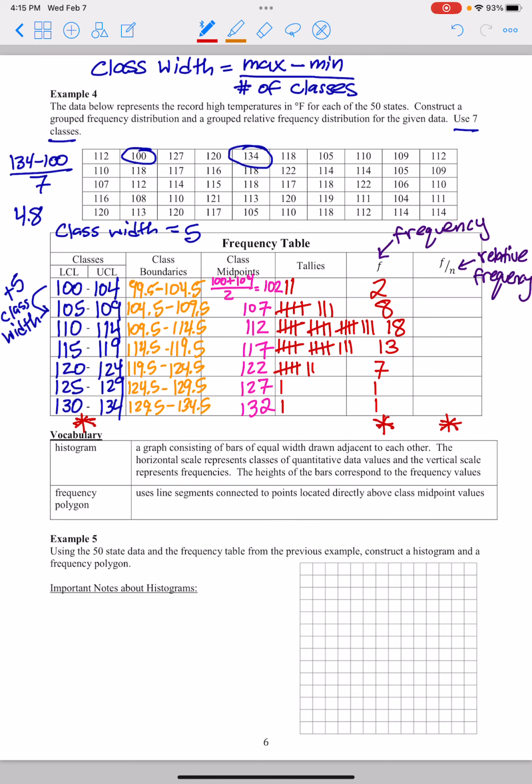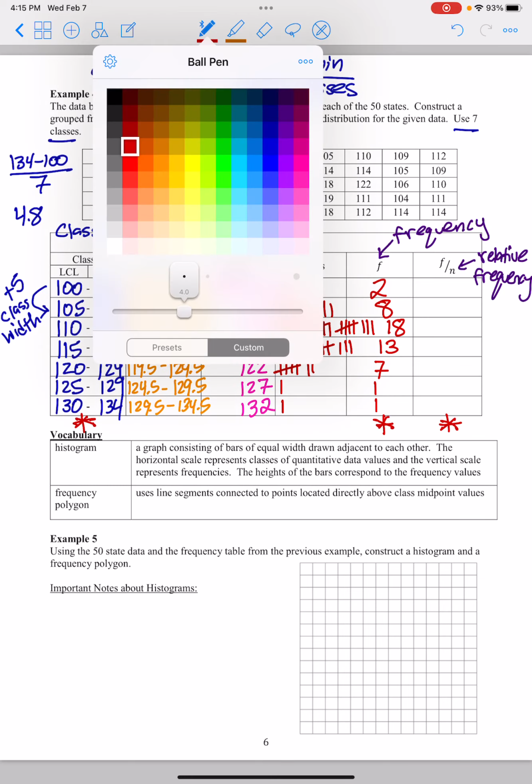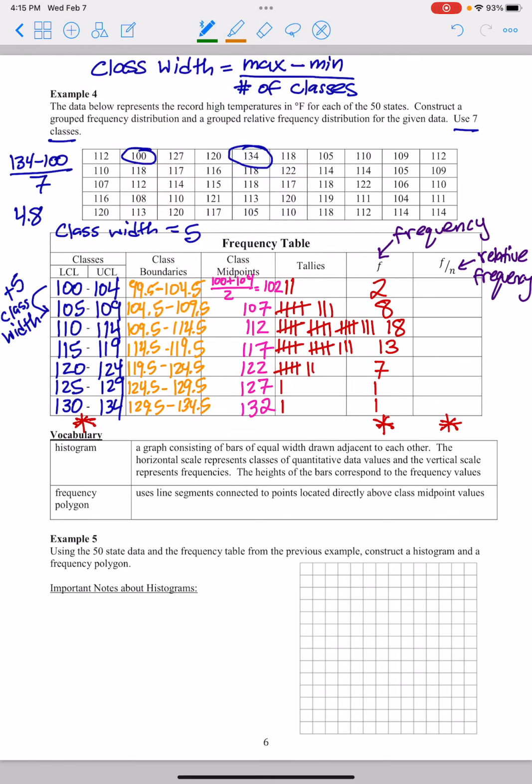And then relative frequency, we calculate relative frequency by taking our frequency and dividing by the total number of items.